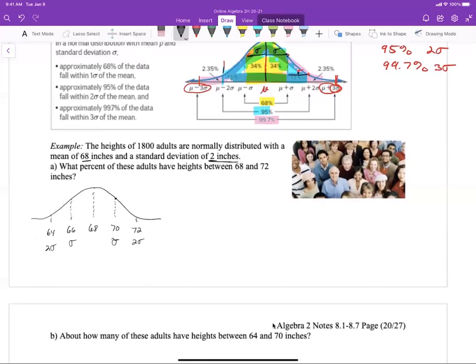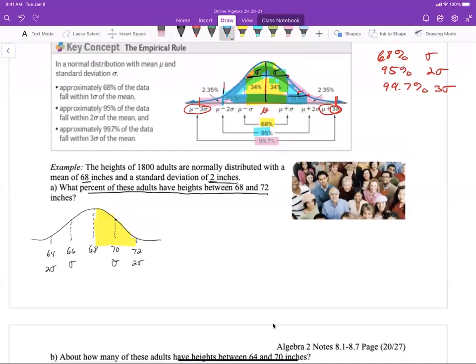Okay. Now what they want to know is what percent of these adults have heights between 68 and 72. So I want to know this percentage of people. How many people between 68 and 72? So that's at the 2 sigma, which we know that if I included all of this, this was 2 sigma, right?